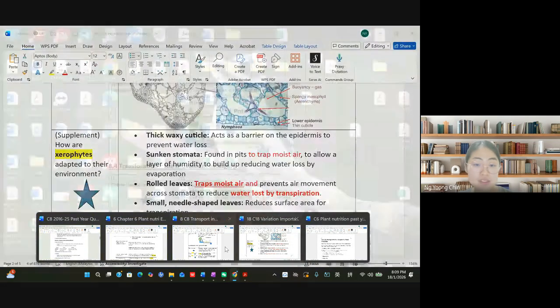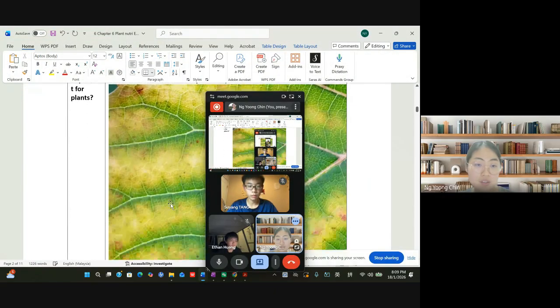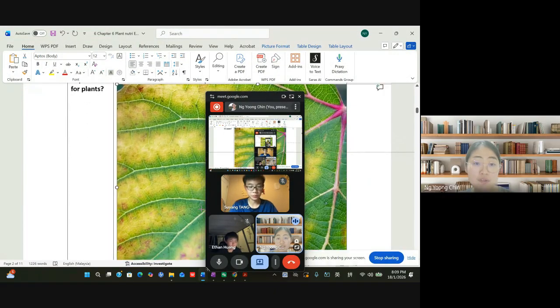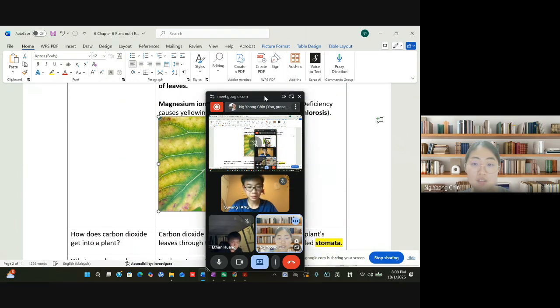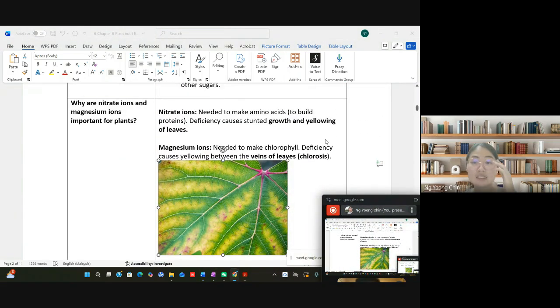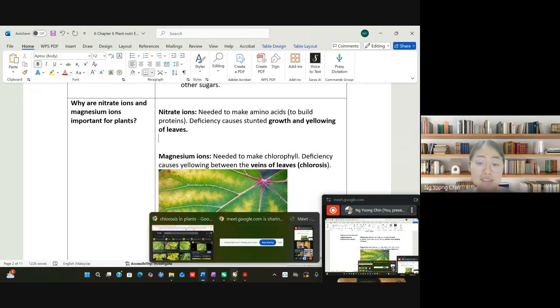Let me show you where it is. I put the picture here. See, starting from the leaf vein, this condition is chlorosis. Because if the plant lacks nitrate ions, the whole leaf becomes yellow. So that's the difference between them.